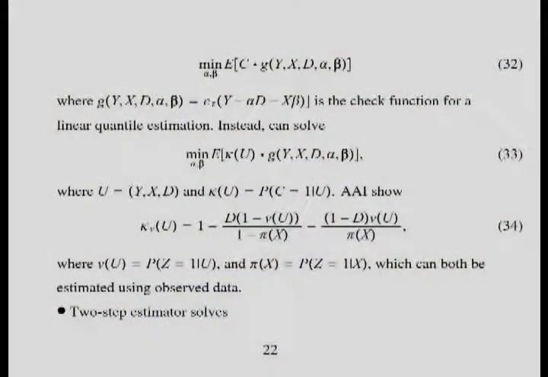So one way to think about this is to define a dummy variable which is 1 for compliers and 0 otherwise. And so you'd like to be able to observe this, and then, of course, you could just do quantile regression on the population of compliers, and you would be done. So you'd like to be able to solve this problem, where this objective function G is just the check function, and then C would actually select out the subpopulation of interest that you can estimate this quantile for.